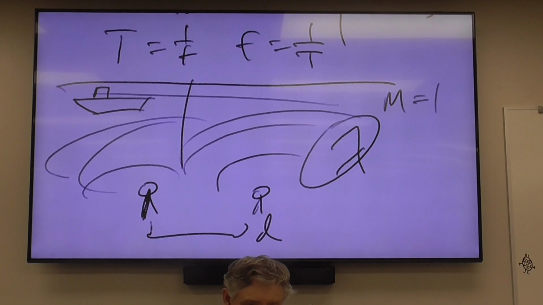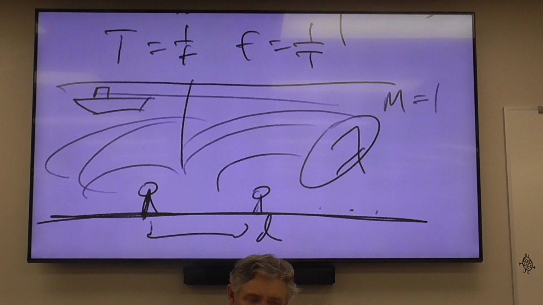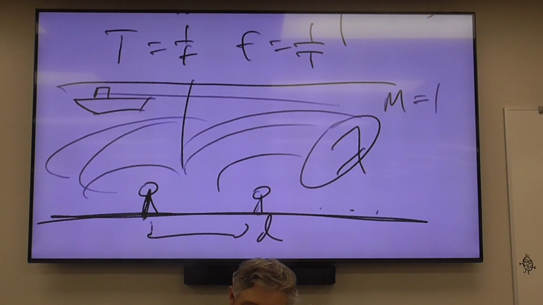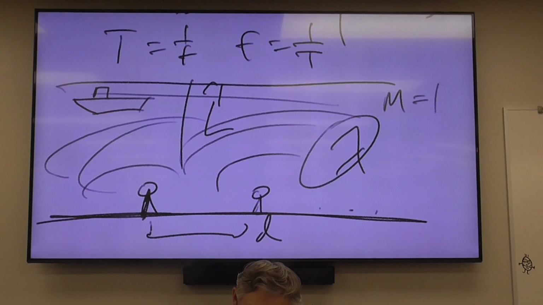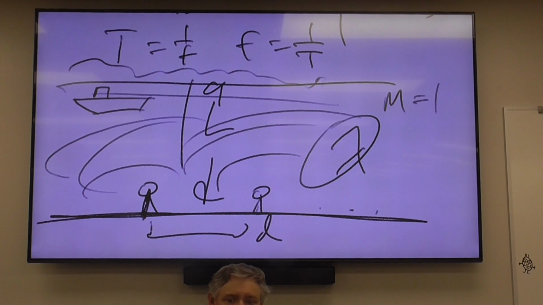Now, this is a navigation. This is along the coast. So if you're the boat, which one of these variables are you most worried about? L. You're worried about how far you are off from the coast. You're trying to figure that out. Now, you're traveling along here, right?